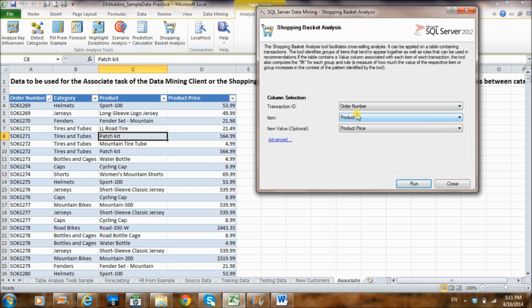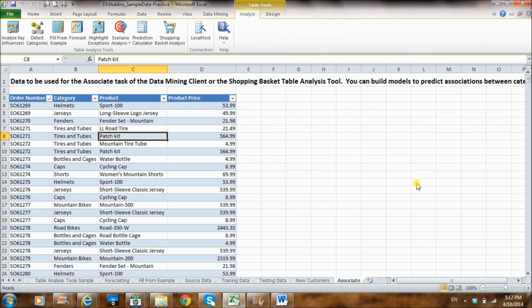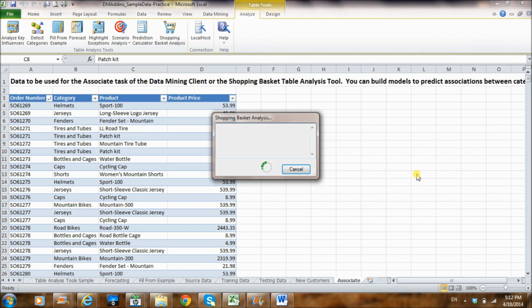So it's a one-to-many relationship. And we also have an optional item, the product price. Alright, so let's run it. Usually it takes a while. This has pretty big data.